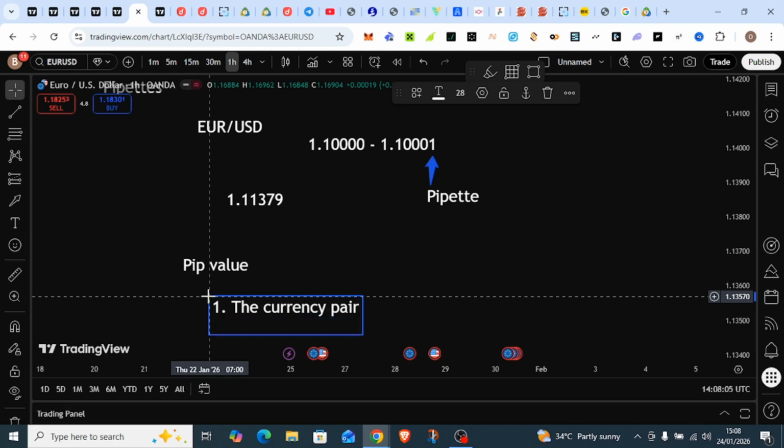Number two, the lot size, which is the trade volume. Number three is the account based currency.